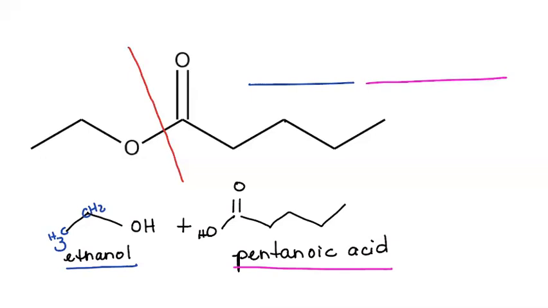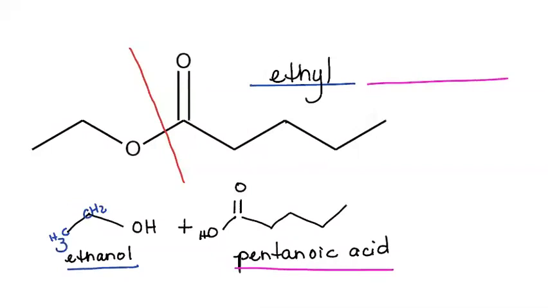Just put it in the chat. Thank you, Shelley. This is an ethyl, because that's what is attached to my OH. And then for my carboxylic acid name, I'm going to remove the ic acid and put ATE. So that means that pentanoic acid becomes pentanoate.